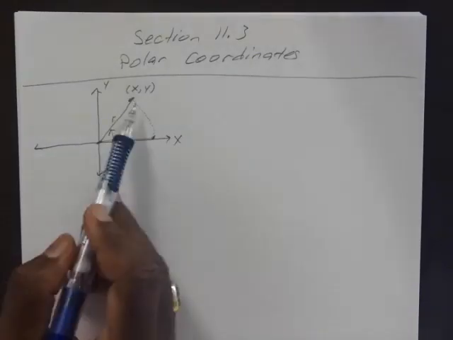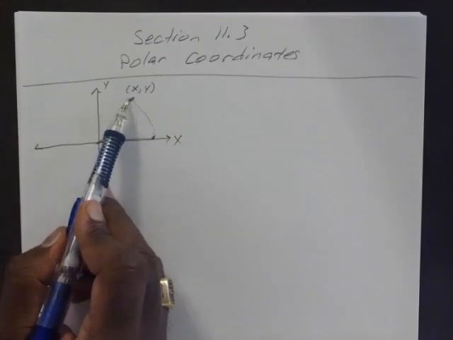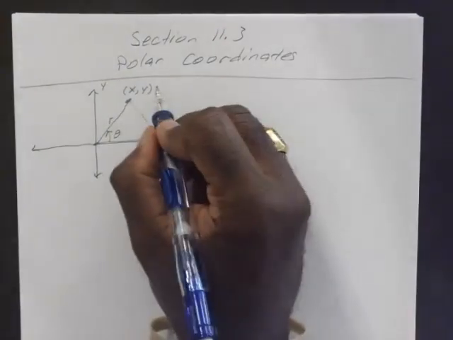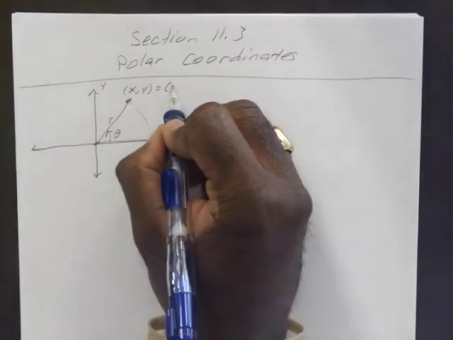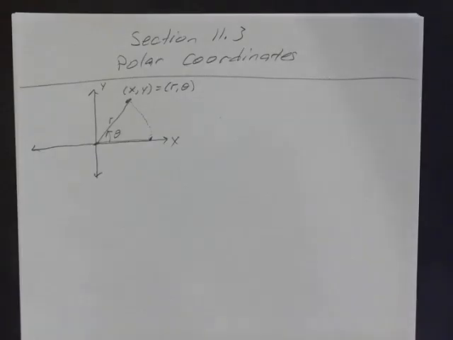So now the point that was represented as the ordered pair XY is represented by the radius and theta, because you can get to the very same point using the correct radius and correct angle.